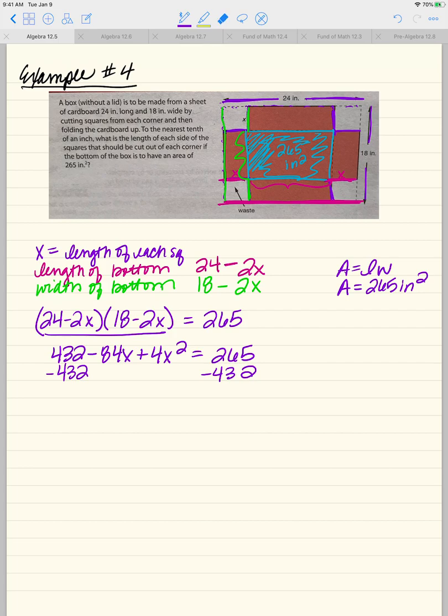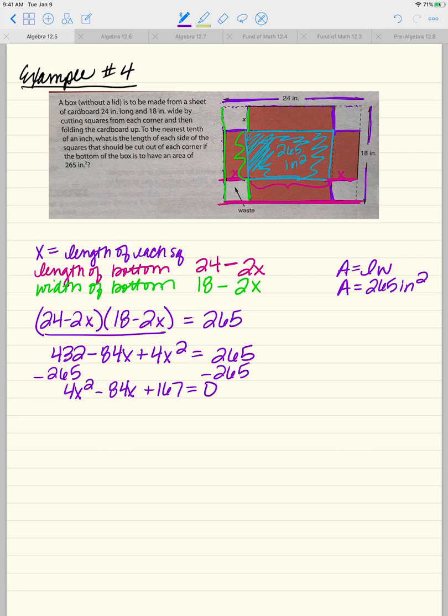No, what did I just do? Sorry, I had to take a look at that for a second. I was like, I am doing something wrong. Set it equal to 0 by subtracting 265. See, even math teachers get confused sometimes. And that gives us, I'm just going to rewrite this, 4x squared minus 84x plus 167 is equal to 0.